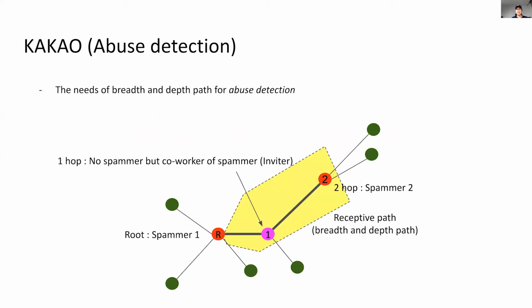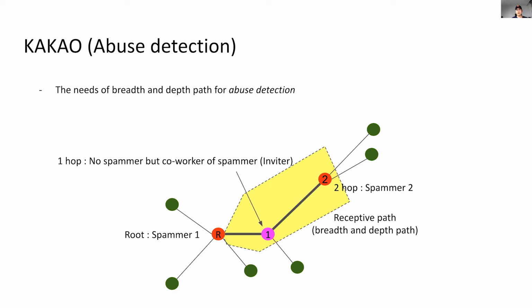The reason why GeniePath can be applied well to abuse detection is as follows. In order to detect the spammer route, neighbor node information is required. A normal neighbor user can give information, but sometimes a spammer's coworker can actually give more information than normal users.